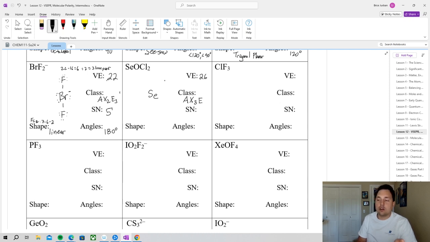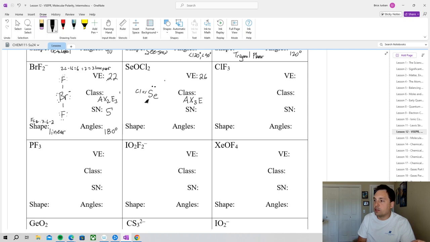So that's the kind of way I start by trying to figure out what that class is. But you can start by trying to draw it and drawing the Lewis structure and then seeing how many electrons you're going to need. So what I'm going to do is note that, well, I'm going to have a lone pair somewhere. So I'll put the lone pair on the top. And then we're going to have the wedges and the dashes.